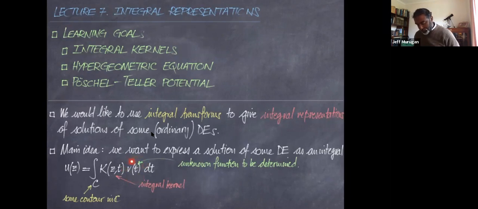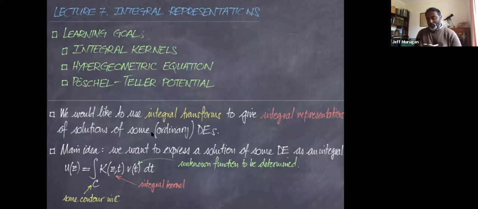There, you were solving an algebraic equation for this function v of t. So the function u of z would generally solve a differential equation. When we introduce the integral kernel, we will get an equation for this function v of t, and we would pray that the equation for v of t was at least simpler than the original equation for u of z.